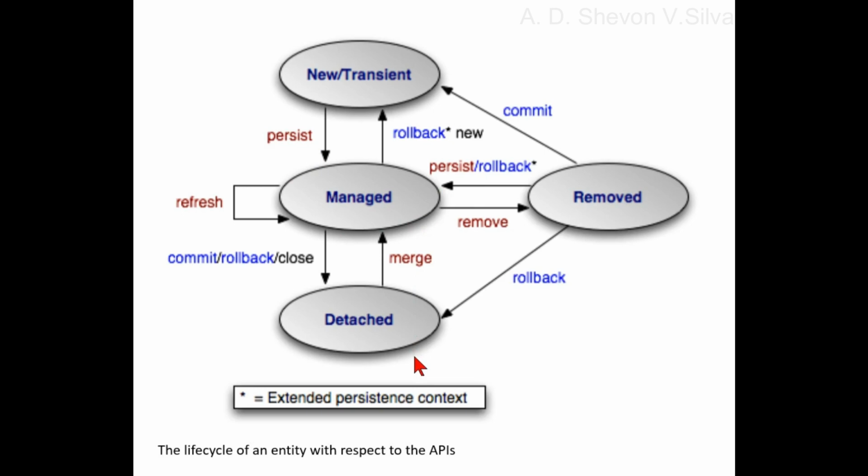A detached entity instance is an instance with a persistent identity that is not, or no longer, associated with the persistence context. A removed entity instance is an instance with a persistent identity associated with the persistence context that will be removed from the database upon transaction commit.